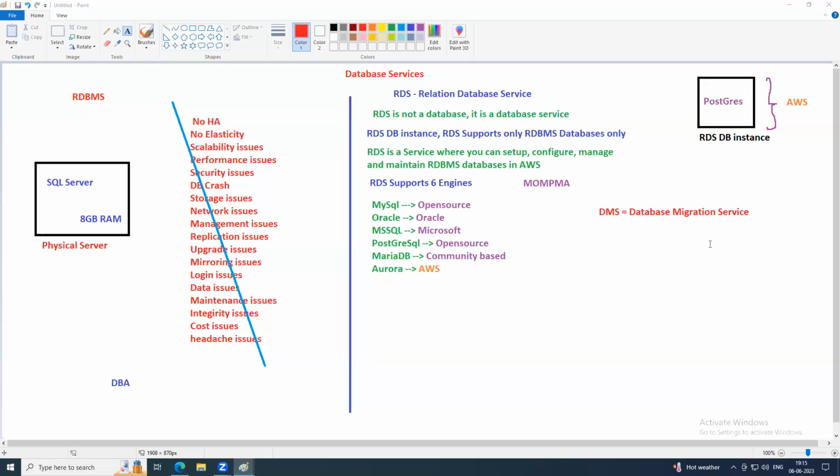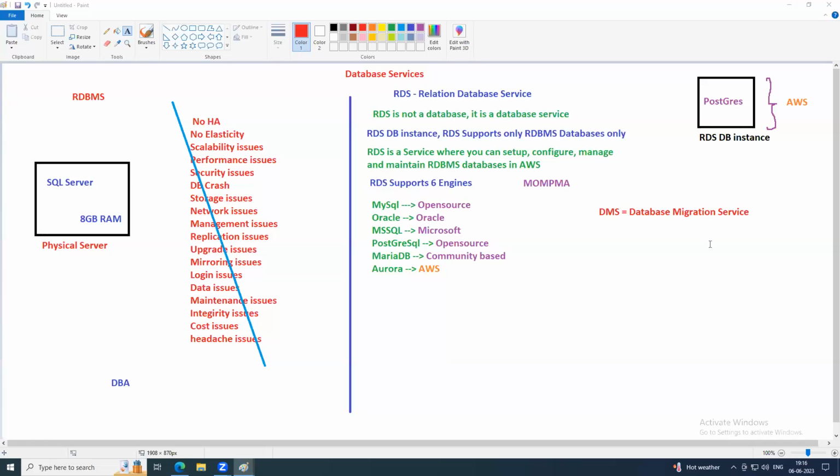Nowadays, have you heard about the concept called NoSQL? Heard it, right? What NoSQL databases do you know? MongoDB, Cassandra. You have so many like this. We'll talk about NoSQL when we go deeper. But nowadays, if you want to increase performance and have a super fast database, will you go for RDBMS or NoSQL?